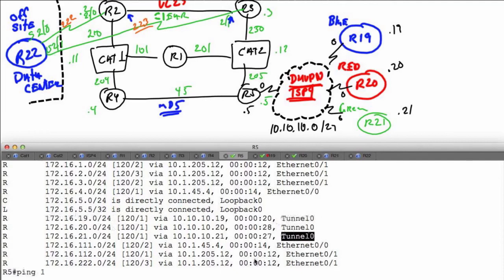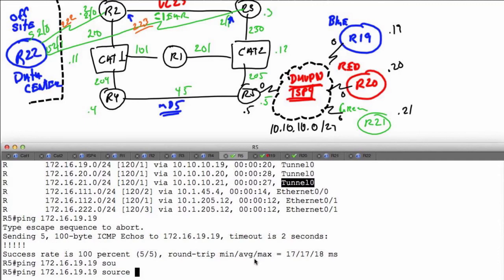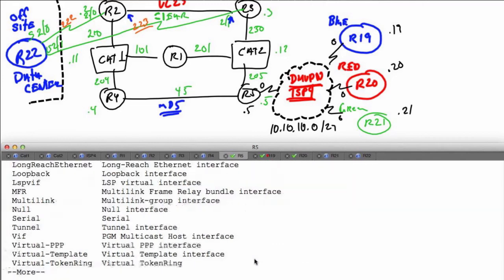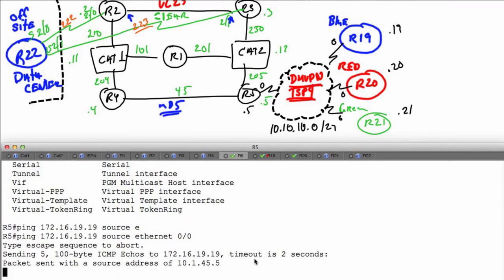Do I still have reachability? Ping 172.16.19.19. Yes, but what happens if I source it from another interface? So let's source it from E0/0. I'm not learning anything via that interface.